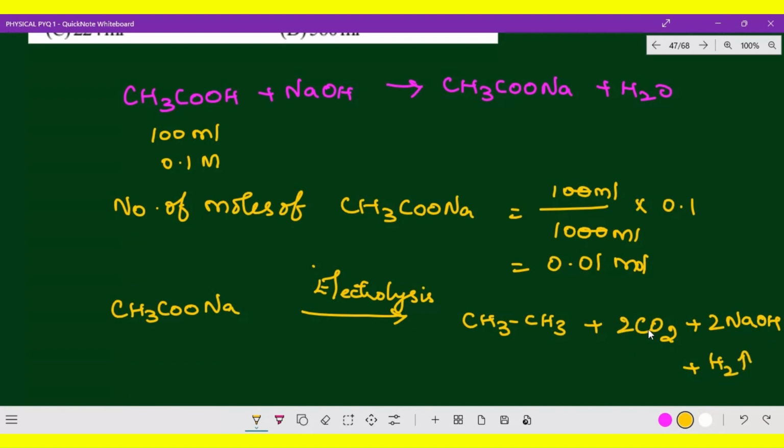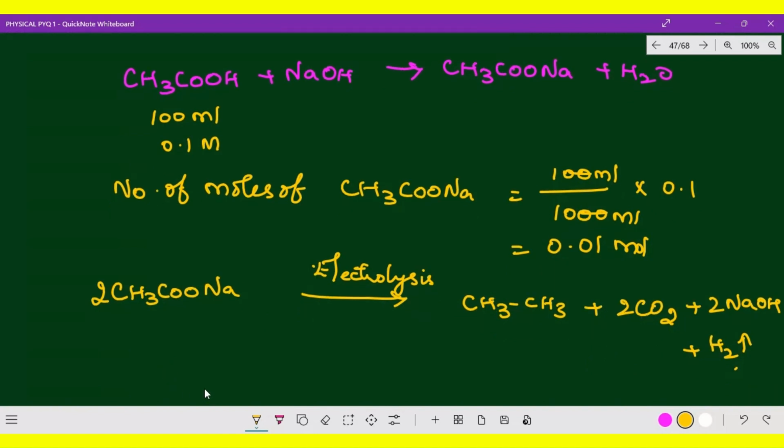Now if I put 2 here, naturally I put 2 in CH3COONa too, so 2 CH3COONa, 2 CO2, then NaOH and hydrogen.